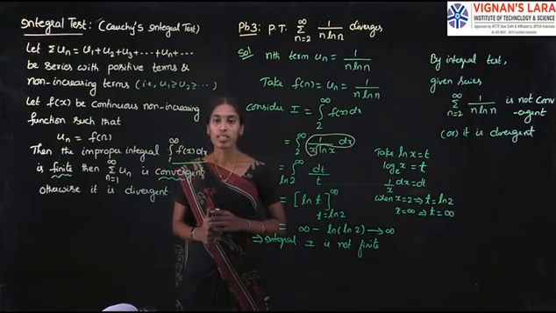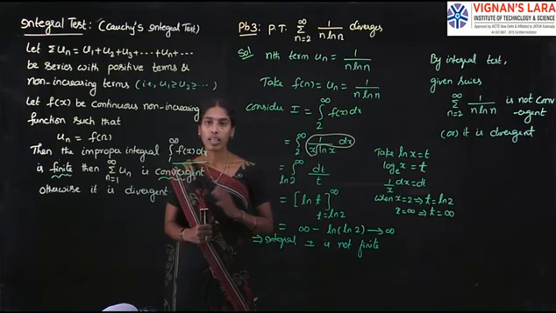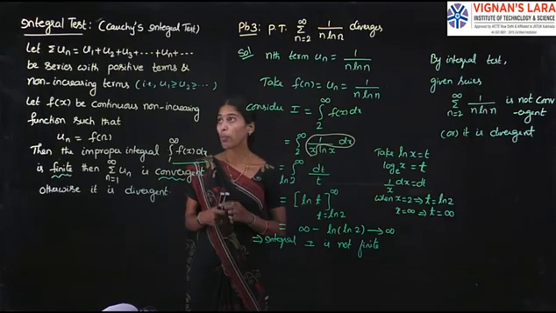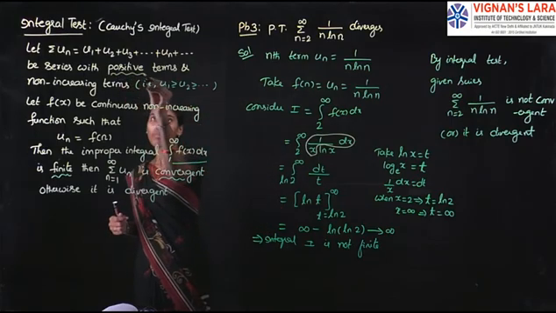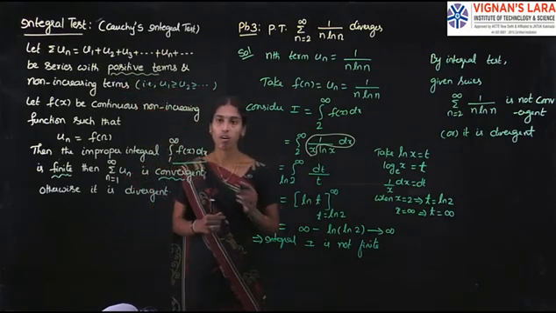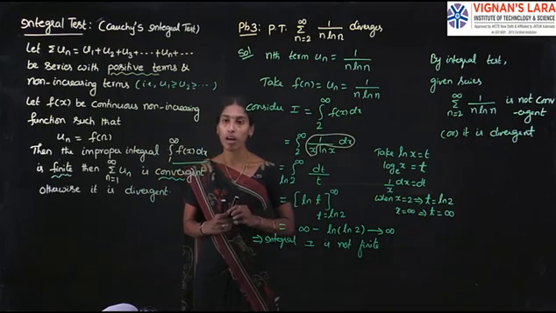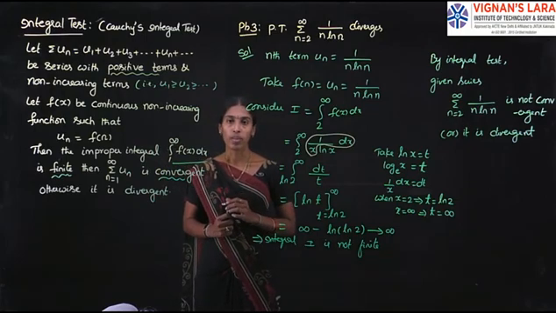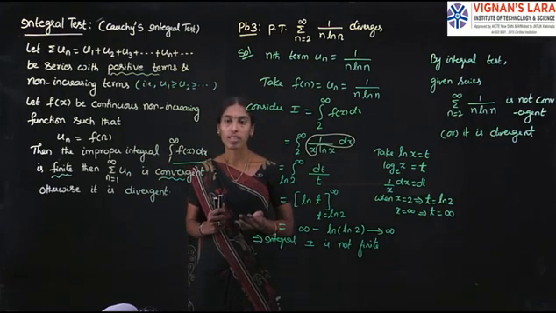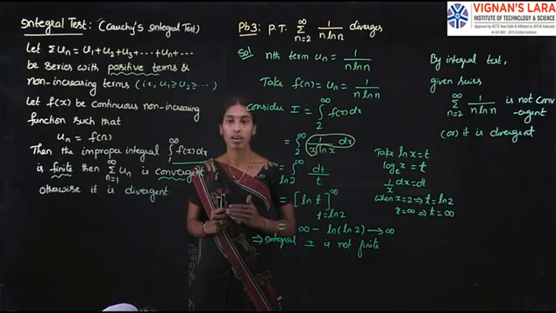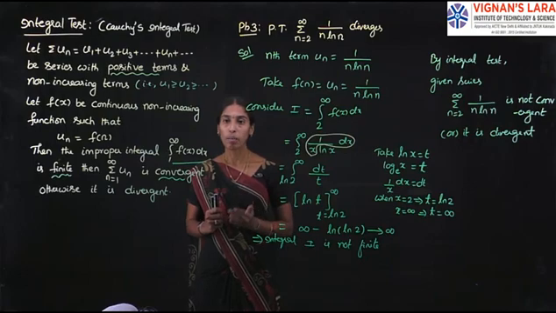In the next session, we will see the alternating series. What is meant by an alternating series? Till now, we have discussed only positive series. All these tests are applicable only on positive series, whether it is a geometric series or p-test, Cauchy's nth root test, integral test or D'Alembert's ratio test.